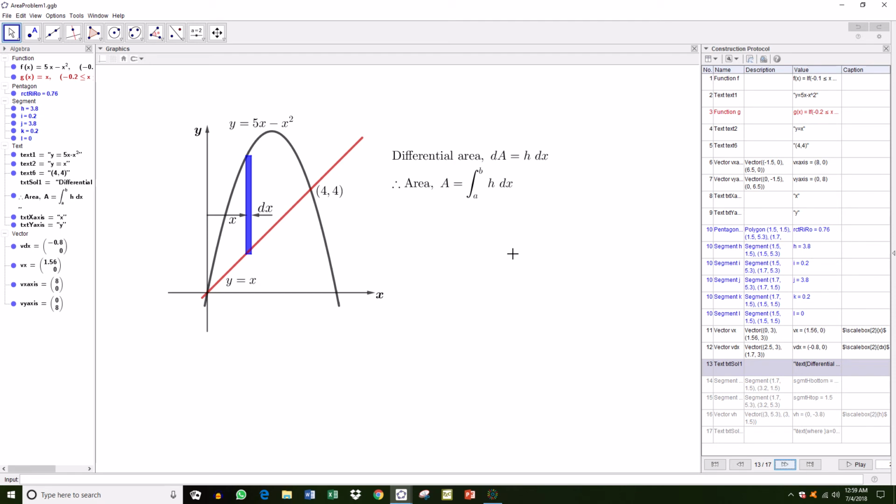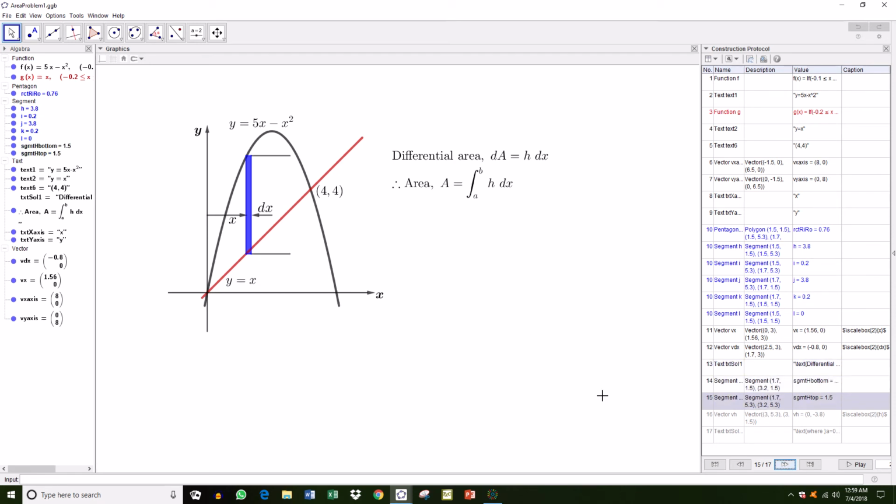Cool. So going back, what in the world is that h? h is this height, right? How do we find the height of this rectangle? Notice, we are measuring the height in a vertical direction. Right here, the height is the distance from this line segment to this line segment. That is h.